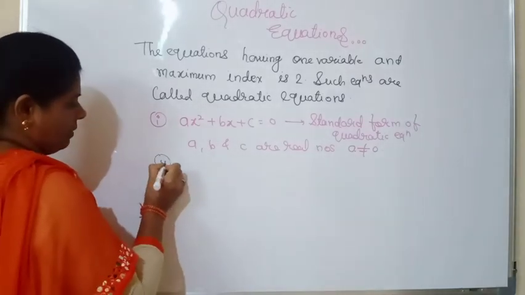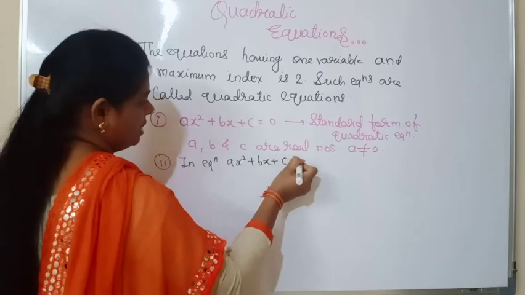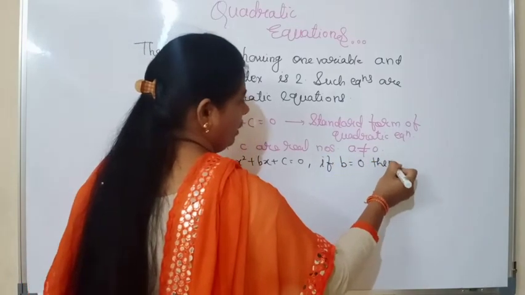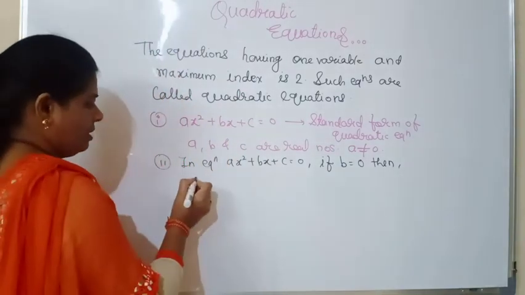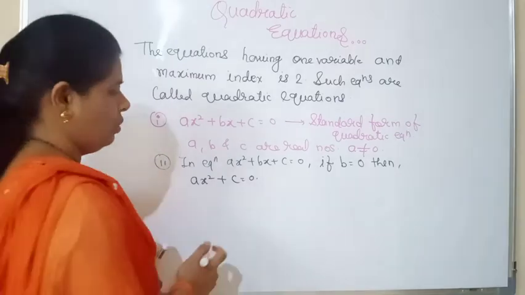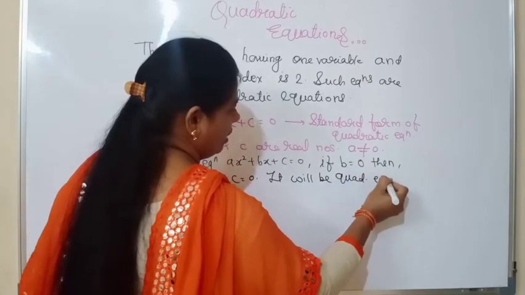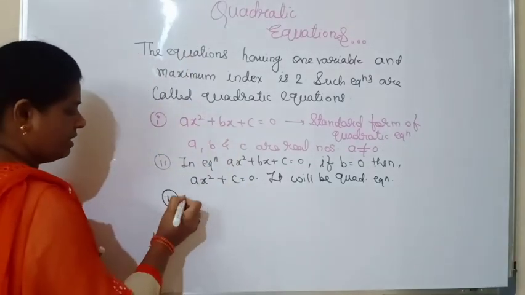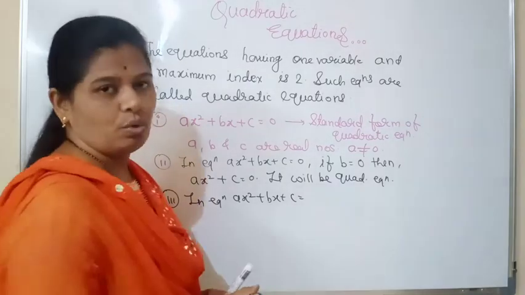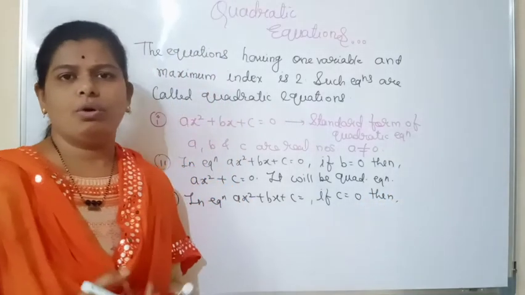In the second case, in the equation ax square plus bx plus c equal to 0, if the value of b is 0, then our equation will be ax square plus c equal to 0. Even so, it will still be a quadratic equation. Similarly, in the equation ax square plus bx plus c equal to 0, if c equal to 0, it doesn't matter, no change.